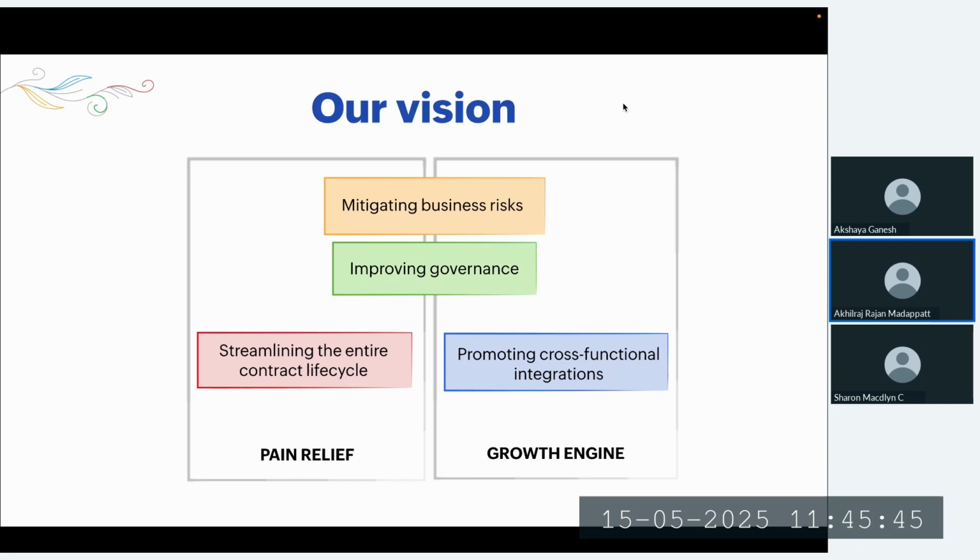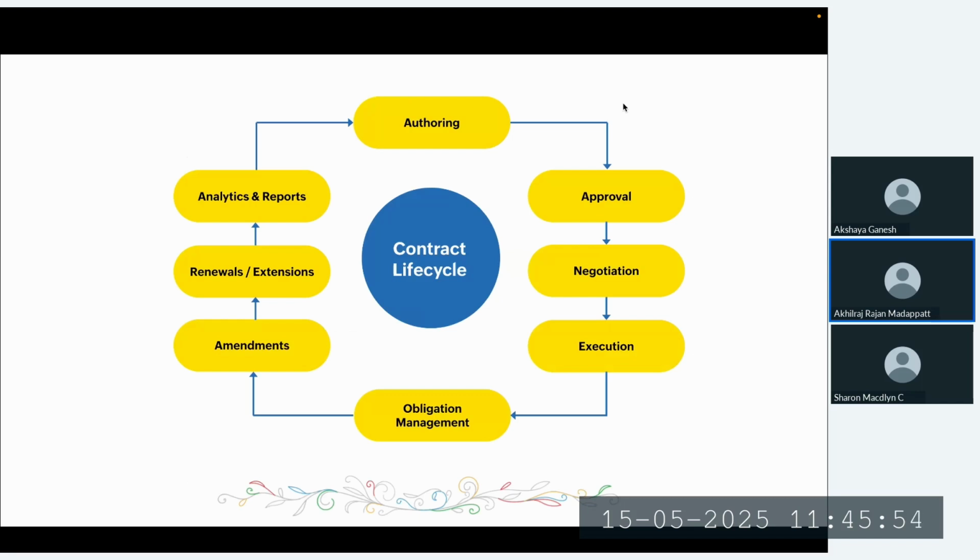When we talk about CLM, which is Contract Lifecycle Management, we need to talk about the contract lifecycle. So this is a typical contract lifecycle. The contract lifecycle starts from authoring a contract. Then the contract needs to be approved within the various members of the organizational hierarchy. Then the contract needs to be negotiated with the counterparty, and then the contract is signed.